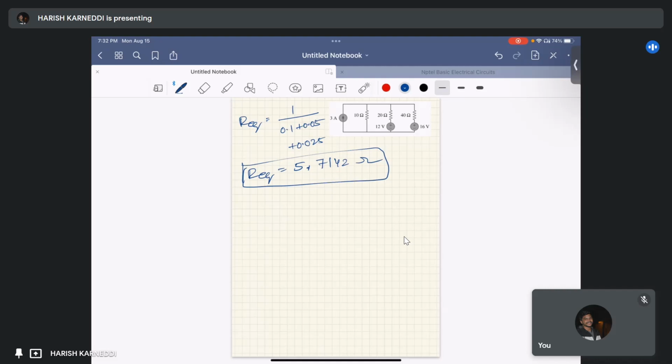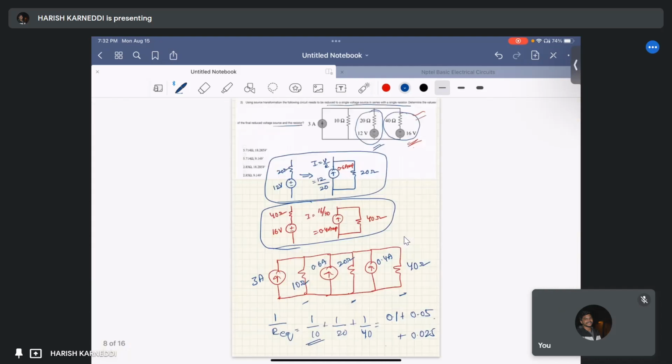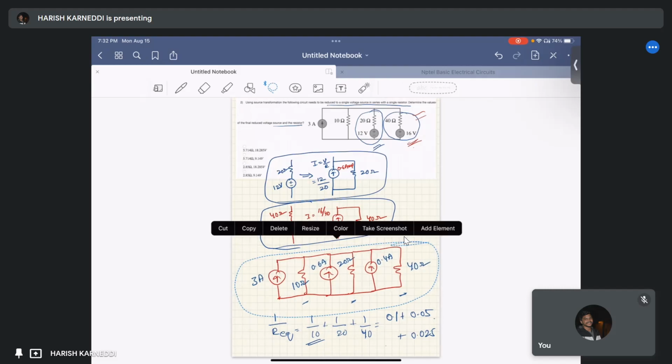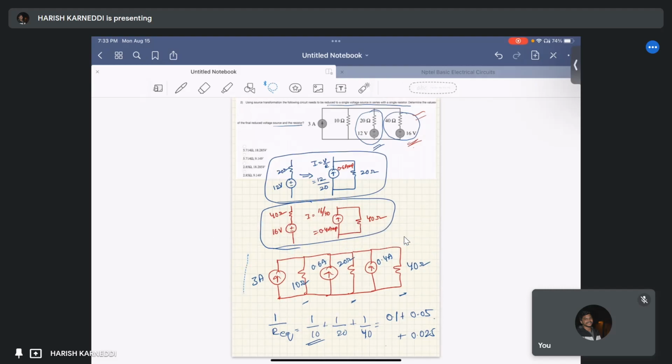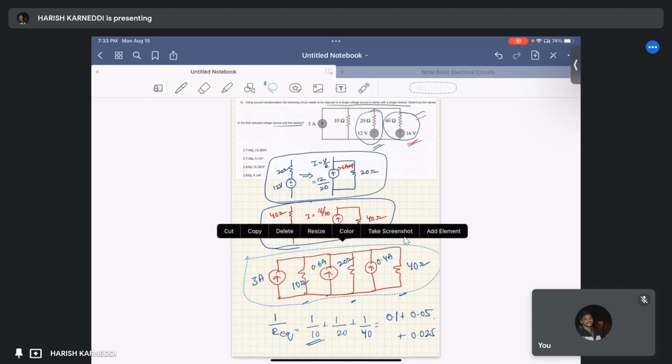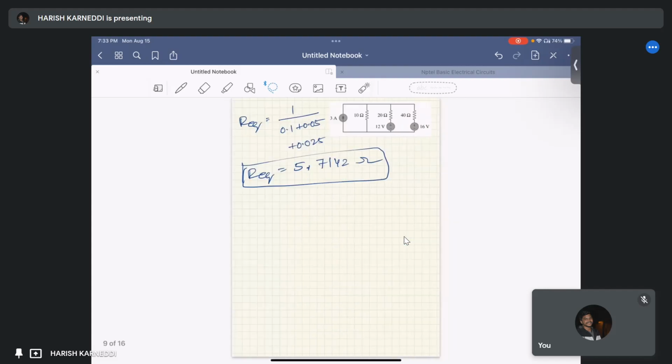This is the equivalent resistance. And one more thing is, I'm just taking this circuit only. Here, all the current sources are towards upwards, so that we can add all the current sources directly from KCL.